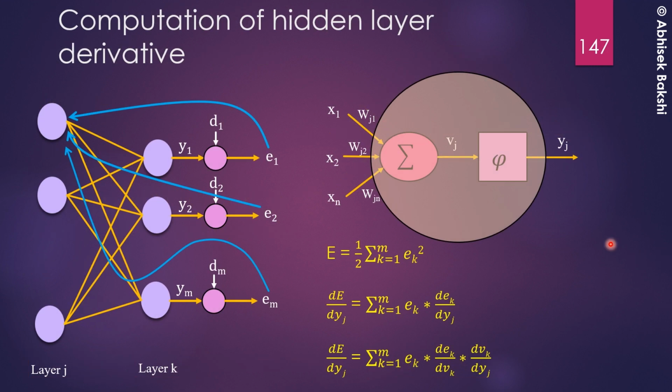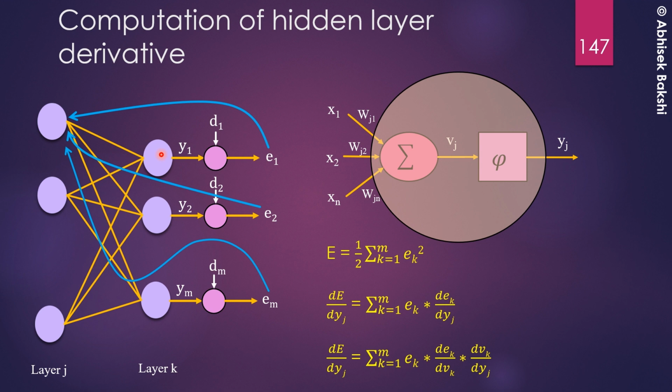This particular point is going to be very vital, because now we are trying to calculate the derivative for the hidden layer. I already told you in my previous slide that this error E is not directly connected with the output of these hidden layers, because this E is a function of this Y1, which is an output of an output layer neuron, right?